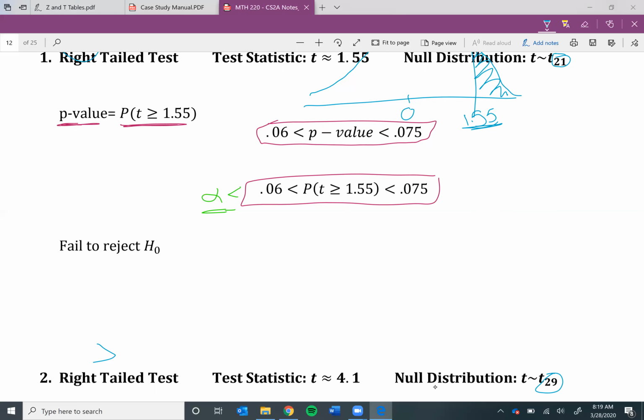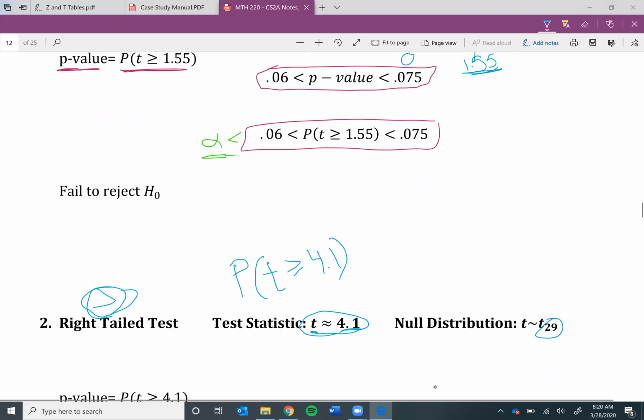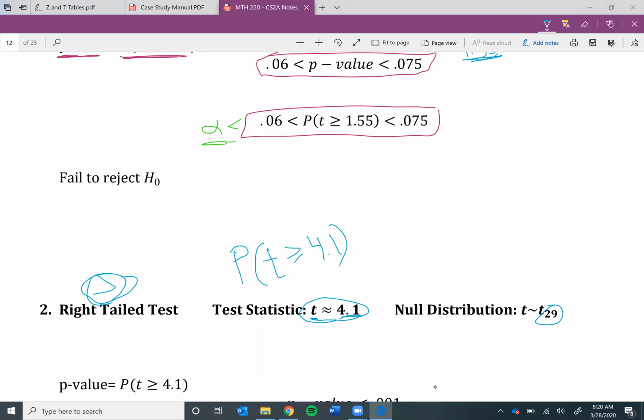It's going to be the probability of t being greater than or equal to, based off the definition of p-value, 4.1: the probability of observing the value of my statistic or more extreme if H0 is true. That's what I have typed right here.